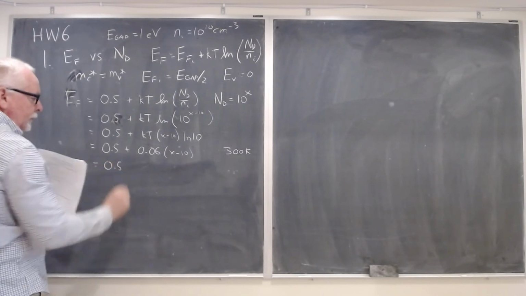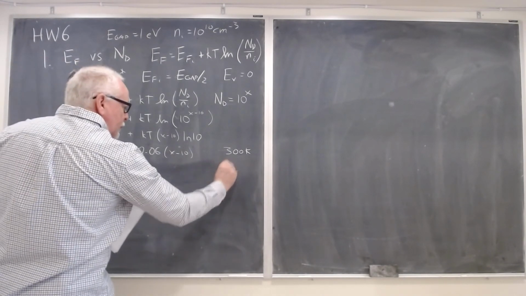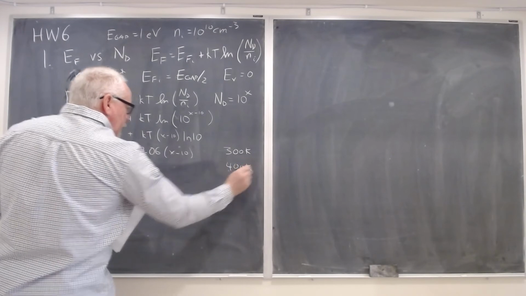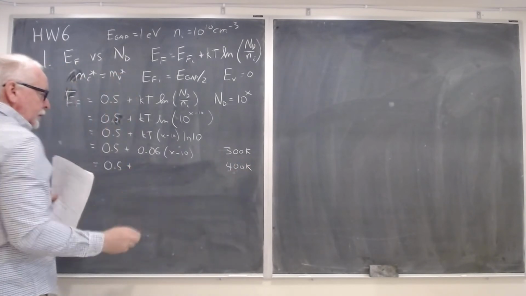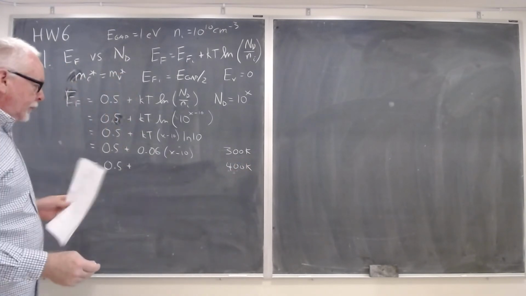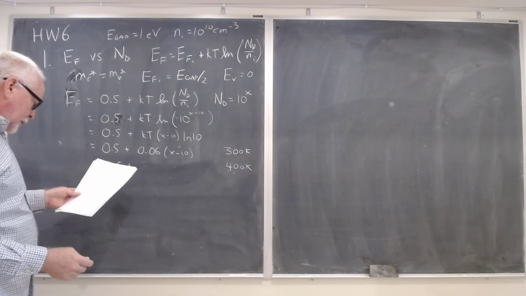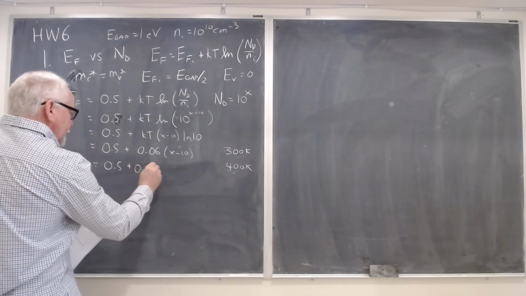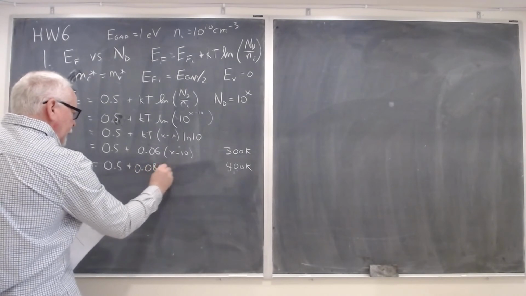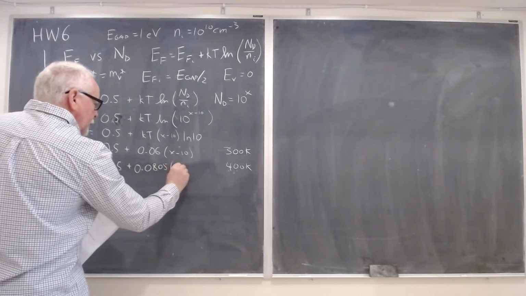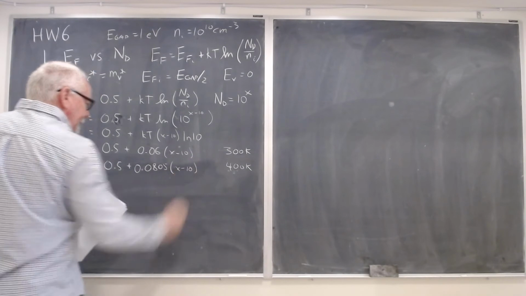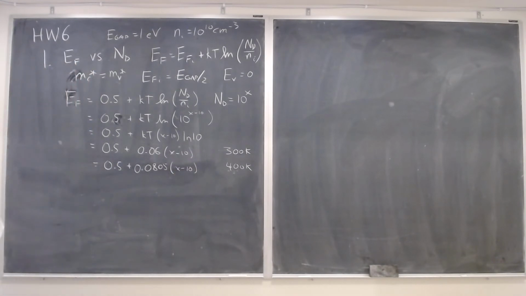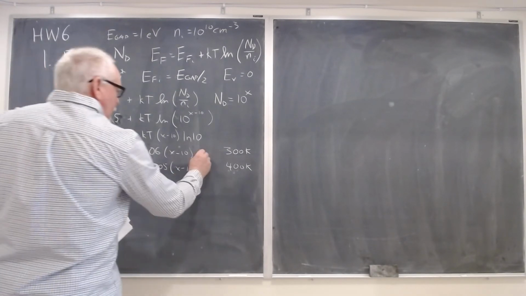And I asked you to do it for 300 and 400 Kelvin. For 400 Kelvin, KT is about 0.035, and that works out then to 0.0805. Of course, both of these are in eV.